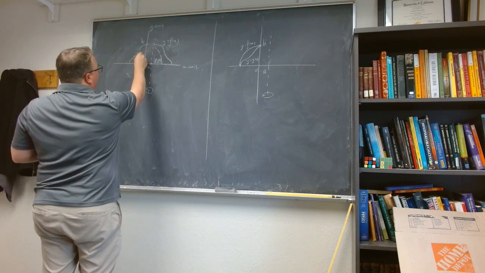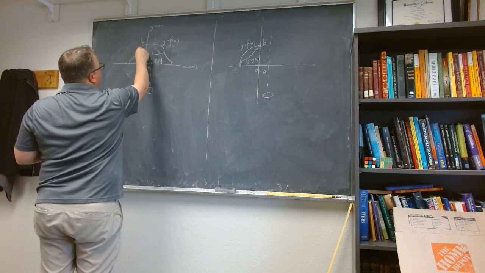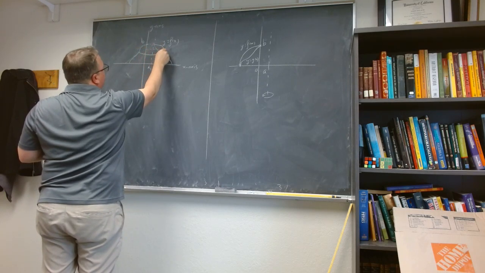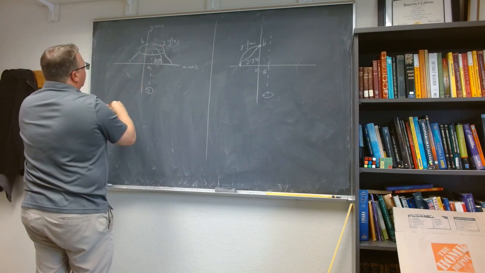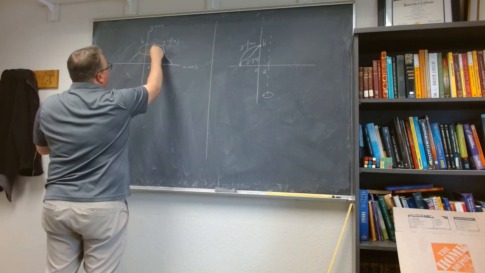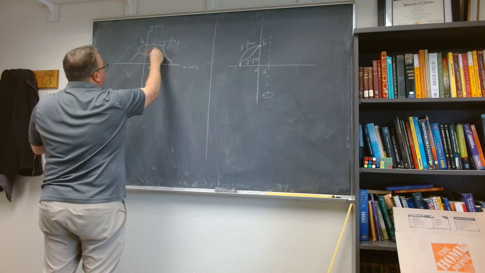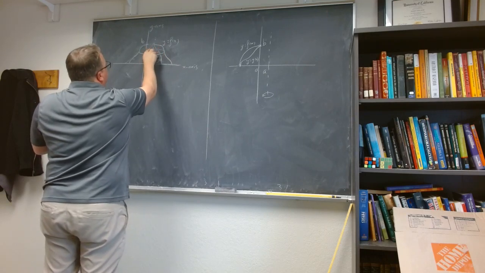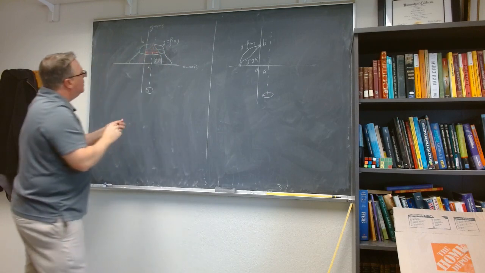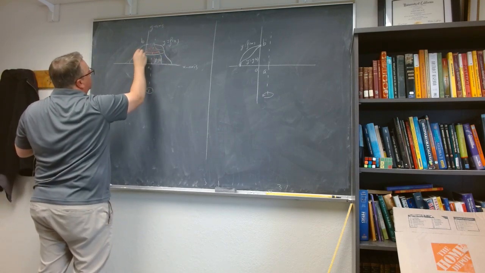But we have now our washers set up horizontally. So we have our green outer washer radius, and we're going to have our red inner radius. So this here is our washer.